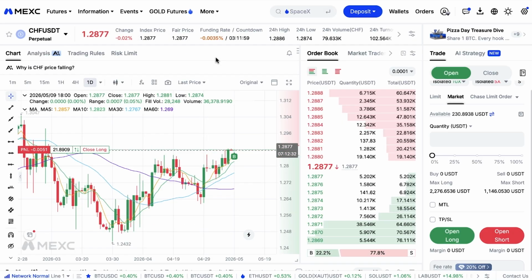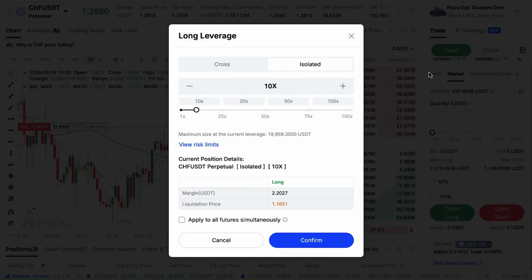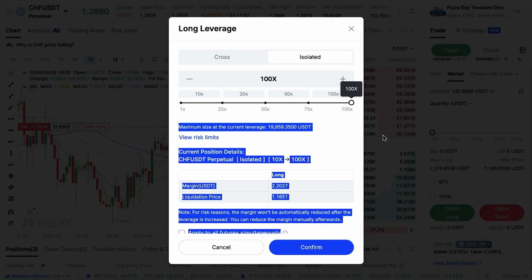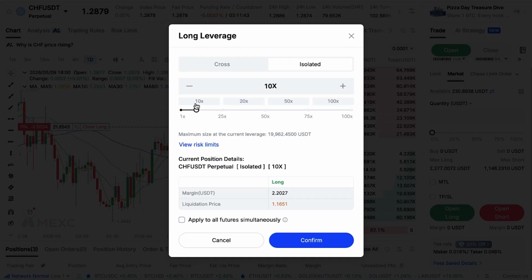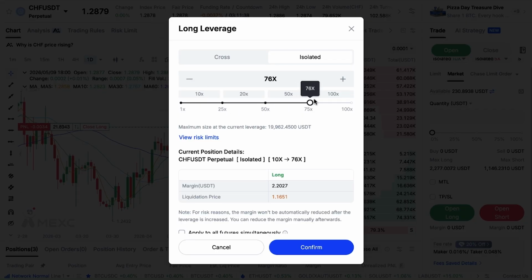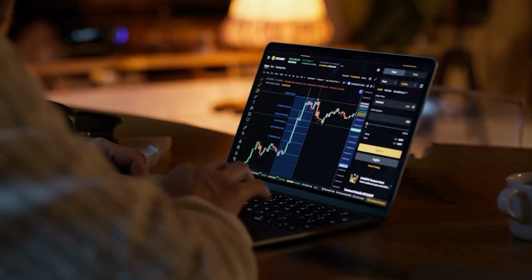Then you will find them here as perpetual futures, and you are able to change the leverage easily by scrolling this one to the right or left. Many other forex trading platforms may not allow trading on Sundays and adjusting leverage so easily, so MEXC definitely provides lots of flexibility for people who want to trade forex.